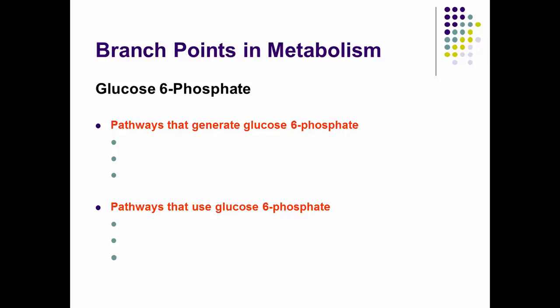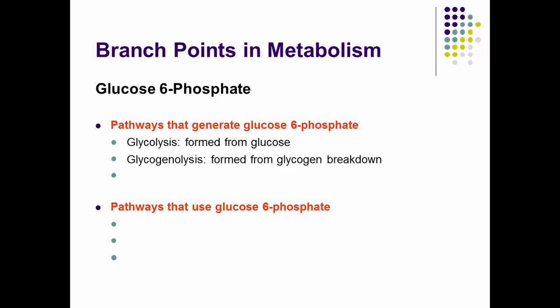glucose-6-phosphate first. Thinking about what kind of metabolic pathways are able to produce glucose-6-phosphate. Glycolysis, right? Glycolysis is one of the pathways that can form glucose-6-phosphate, and glycogen breakdown, right?